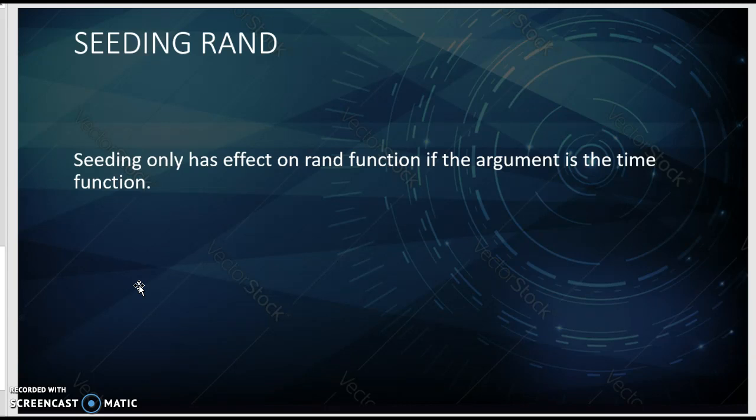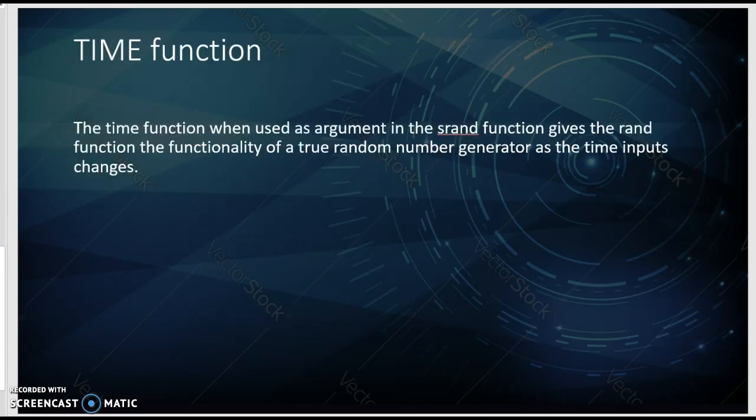But for you to have influence on the rand function, you have to pass the time function into the x rand function, for you to have a random sequence produced by the rand function. When the time function is used as the argument in x rand, it gives the rand function the functionality of a true random number generator as the time input changes.